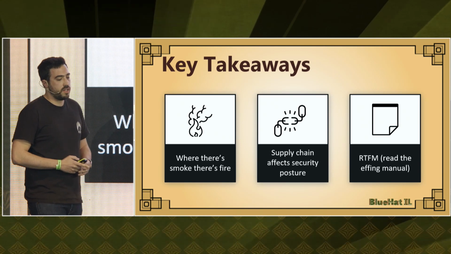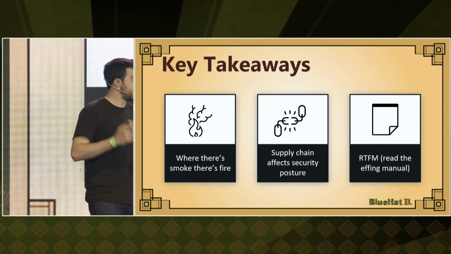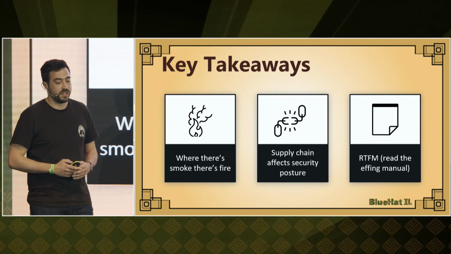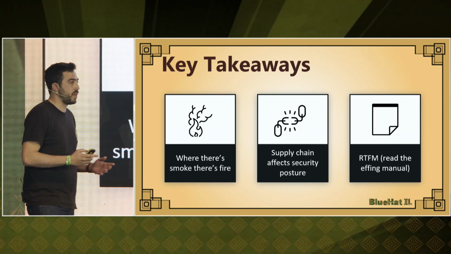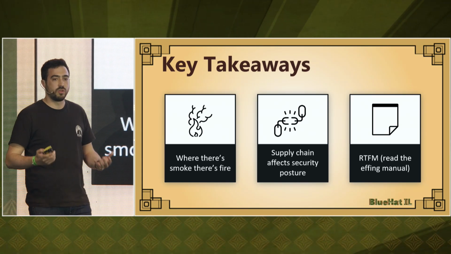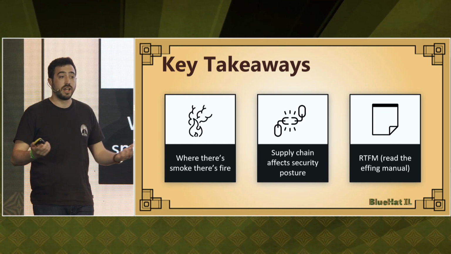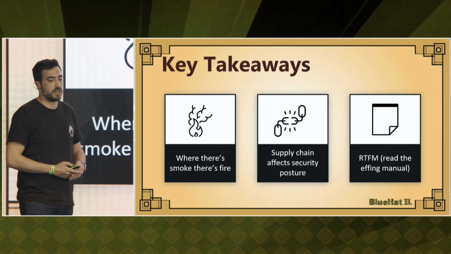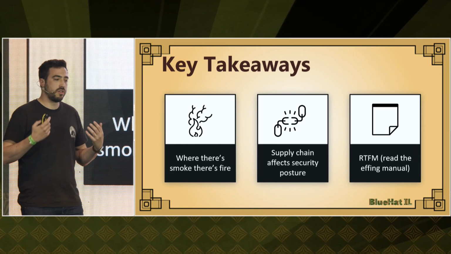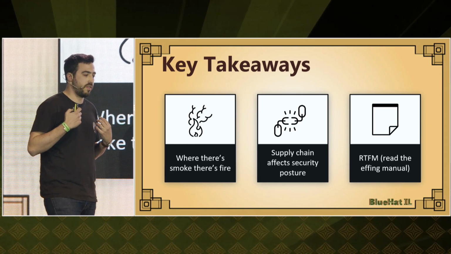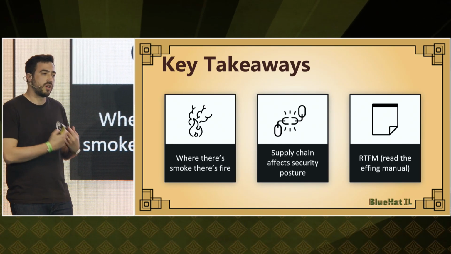The second key takeaway really ties to the previous presentation that we've just seen about supply chain and how supply chain affects your organizational security posture. When you're integrating an application like Backstage, for example, we're inheriting all the security posture of that application into our organization.